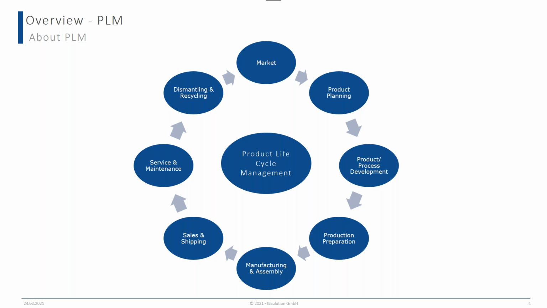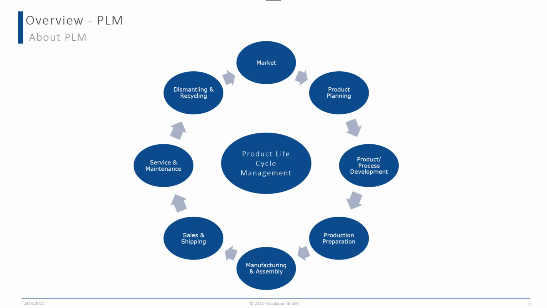Product-related information is generated in all of these phases that we can see on the screen as well. PLM aims to bring the information together, to integrate it seamlessly, and to manage it. That's actually the main work of the PLM.